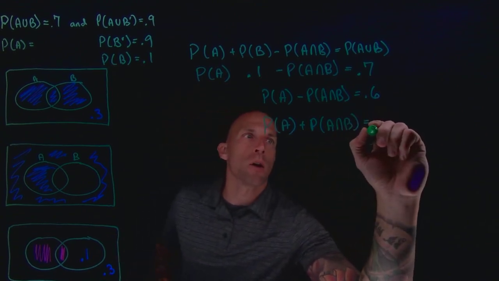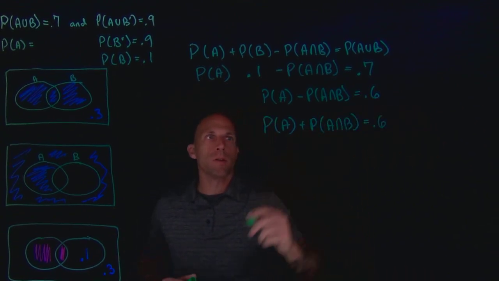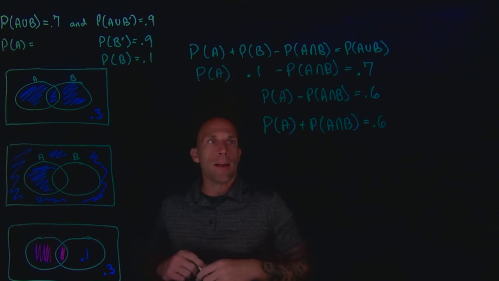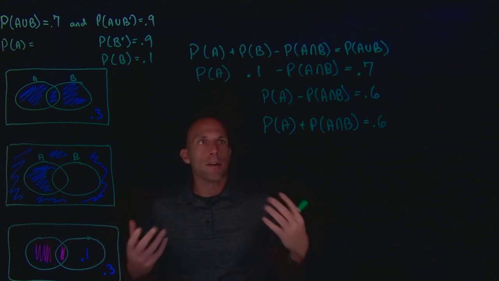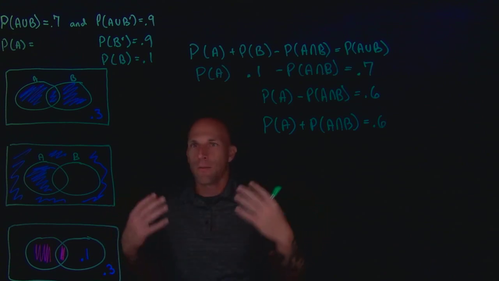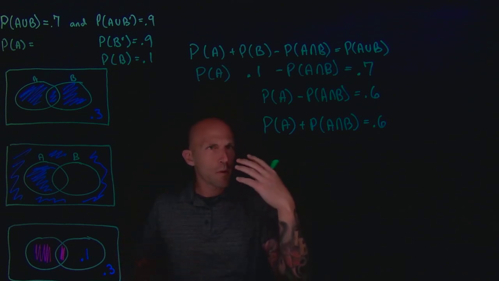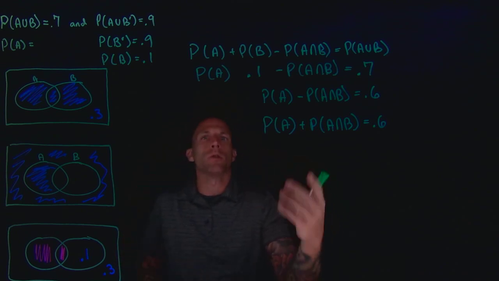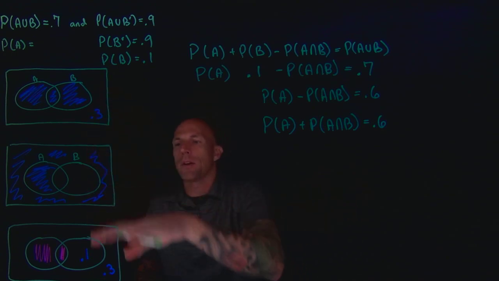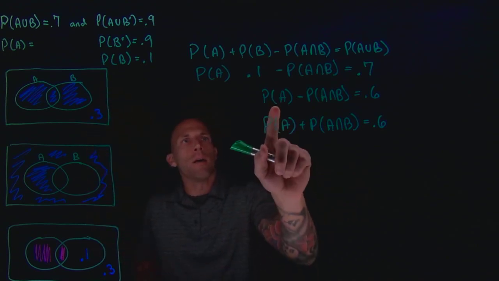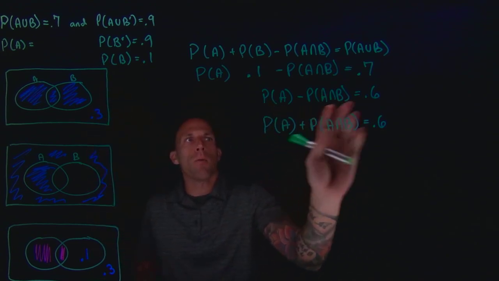So that is also going to be equal to 0.6. And at this point in time, the answer really is staring us right in the face. Sometimes it just takes a while to really understand what it is we're actually doing when we solve these problems. That's why the diagrams are so helpful. So it's important to think about what you write down.